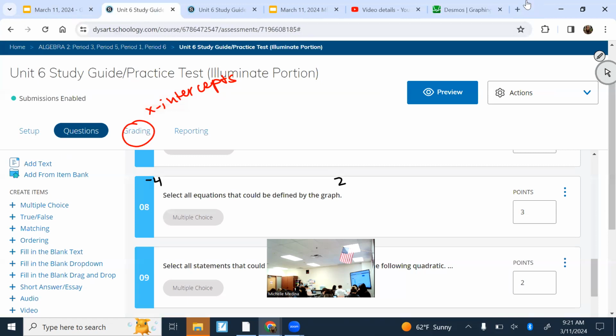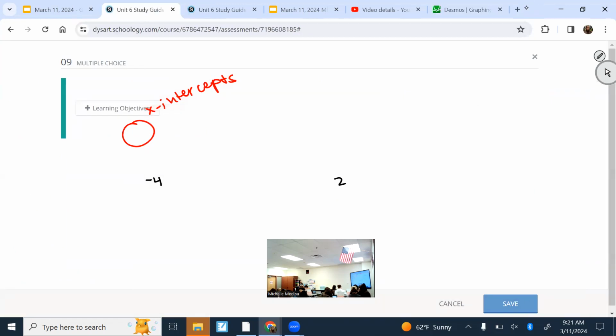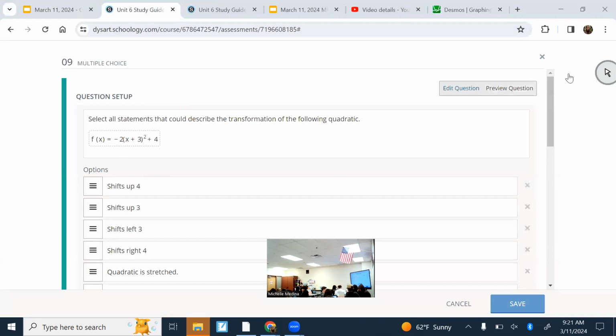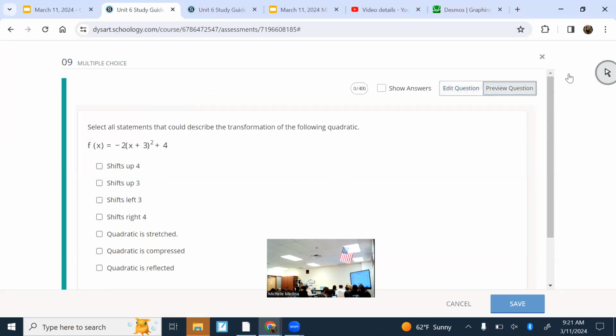Okay. So number 9. Transformations. And also, what form is this in? What do we call quadratics when they're in that format? Vertex form, good. We learned in a lesson what changing the A, the H, and the K do.